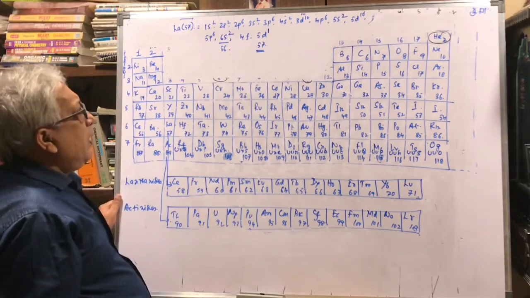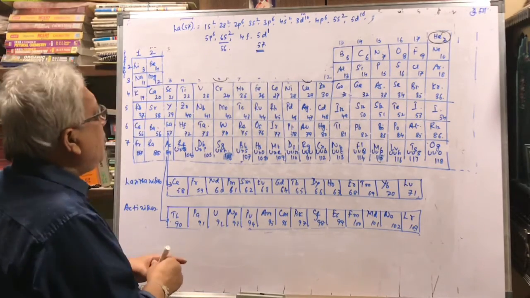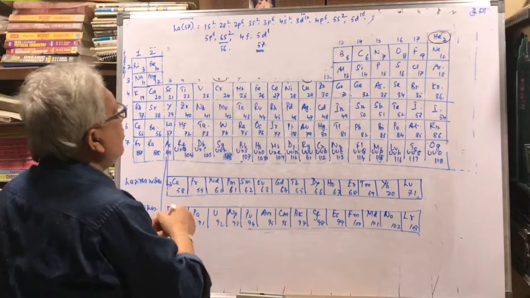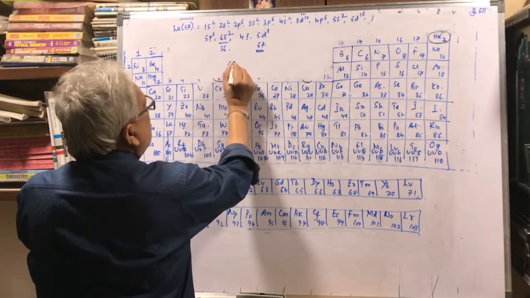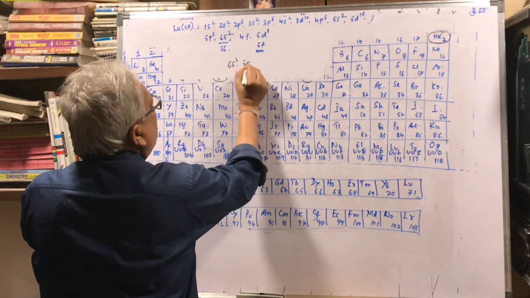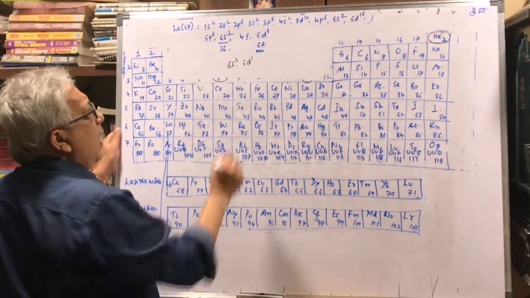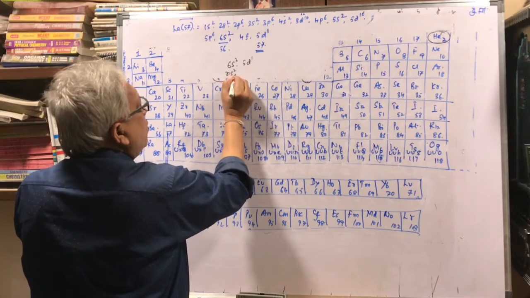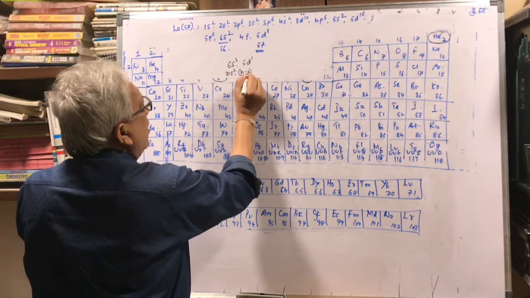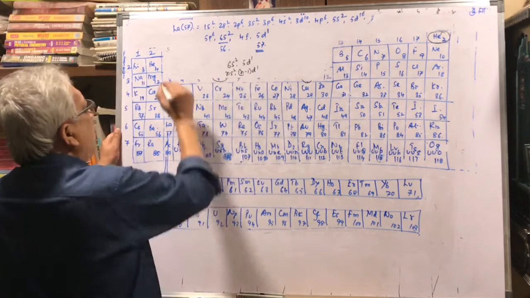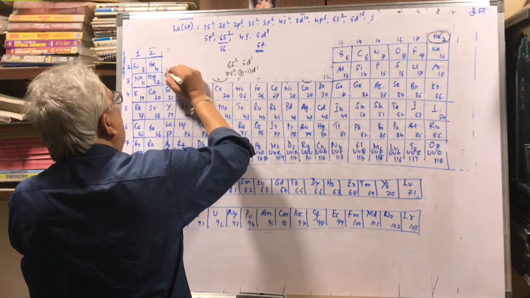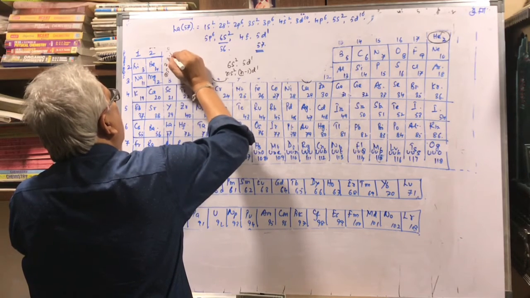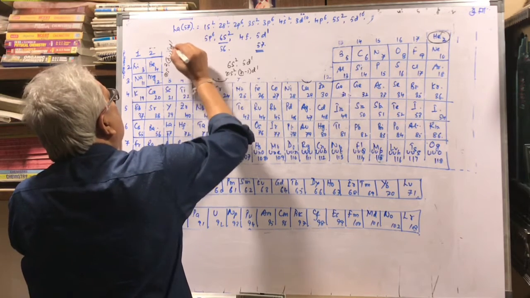Is that okay? Lanthanum ends up with an outermost configuration of 6s2 5d1, which is ns2 (n-1)d1, and the group 3 configuration is ns2 (n-1)d1, which I have already discussed.